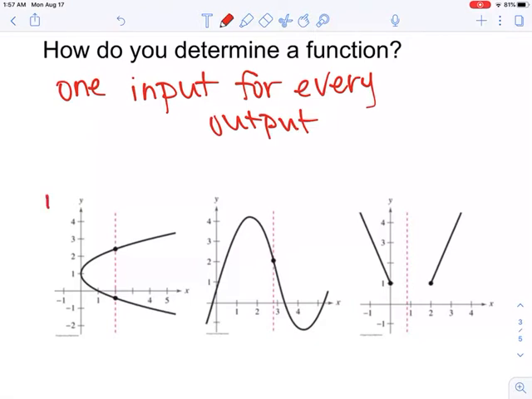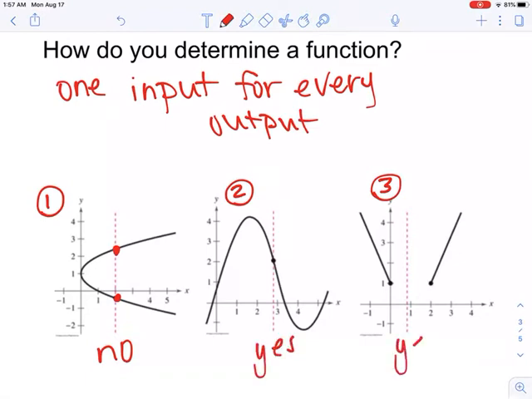In example number 1, the vertical line goes through this graph 2 times, so this would not be a function, because our vertical line goes through more than once. But in example 2 and example 3, our vertical line goes through the graph at most one time, so these pass the vertical line test and would be functions.